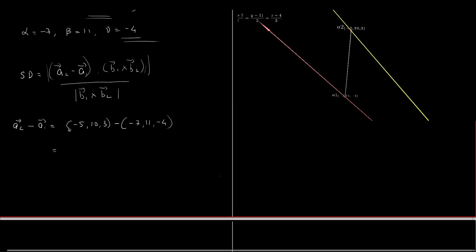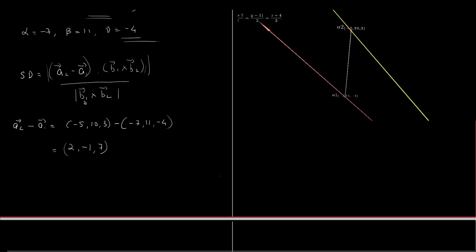So A2 minus A1 is 2, minus 1, 7. That is A2 minus A1.